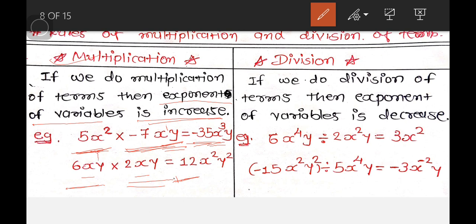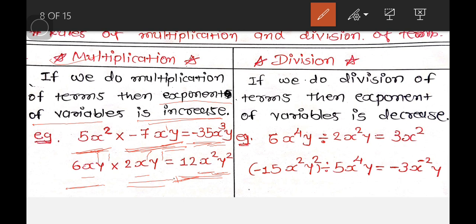Here x has exponent one and the other x has exponent one, so we add them and x has square. Y has exponent one and the other y has exponent one, so adding both exponents, y has exponent two. Then we get the answer 12x square y square.